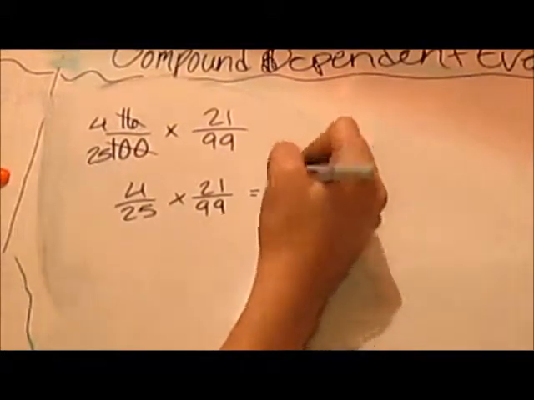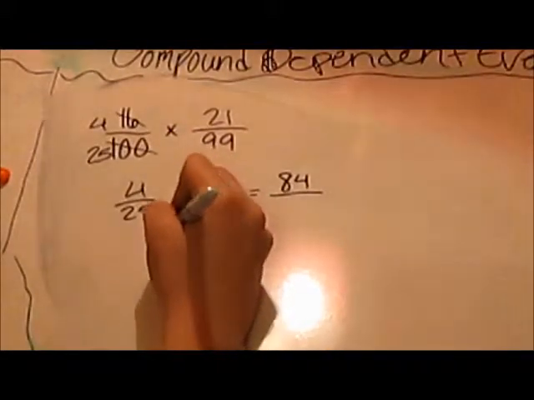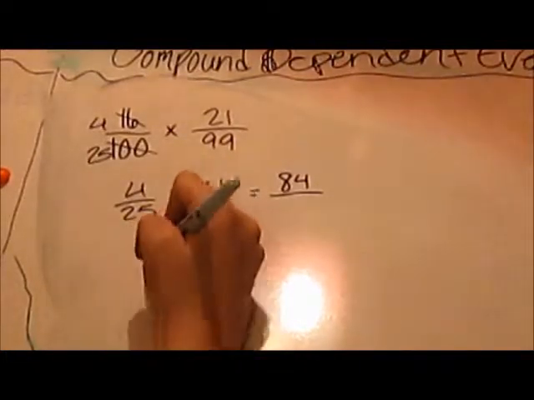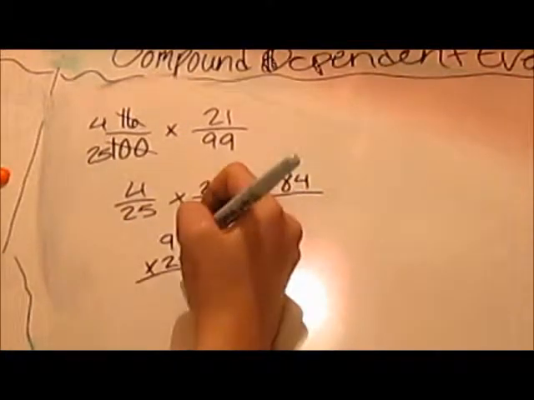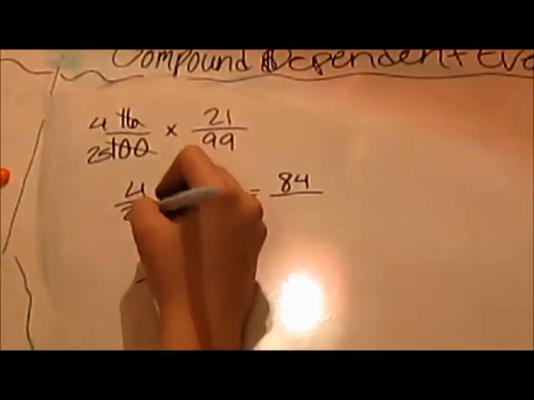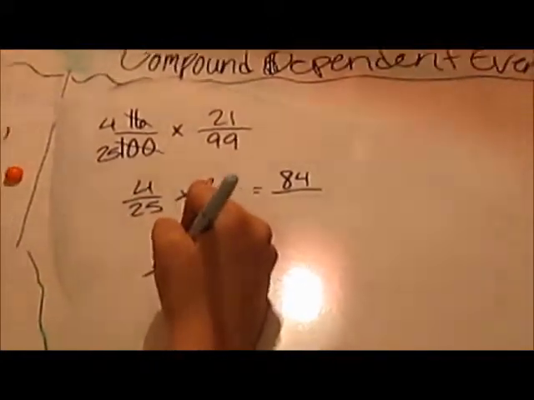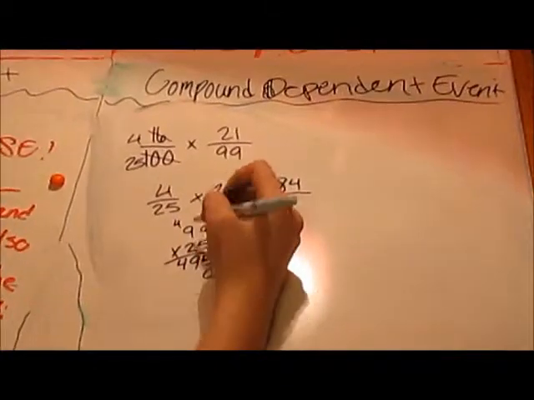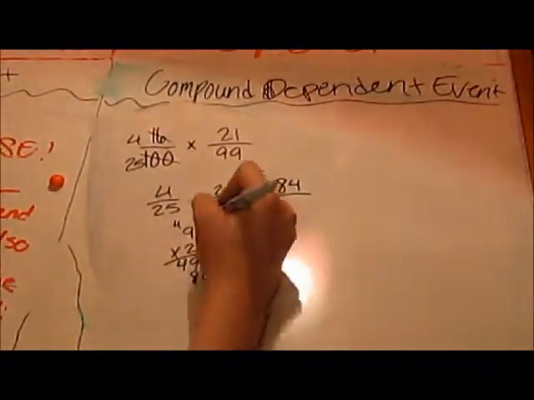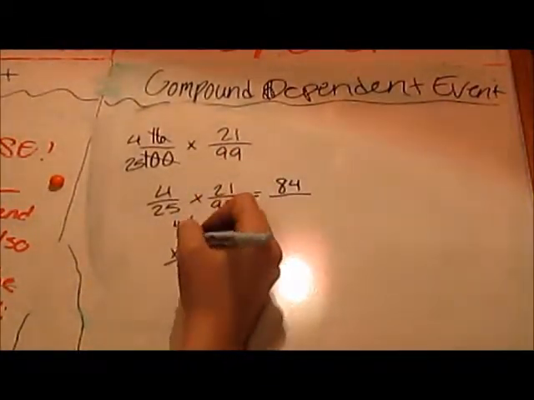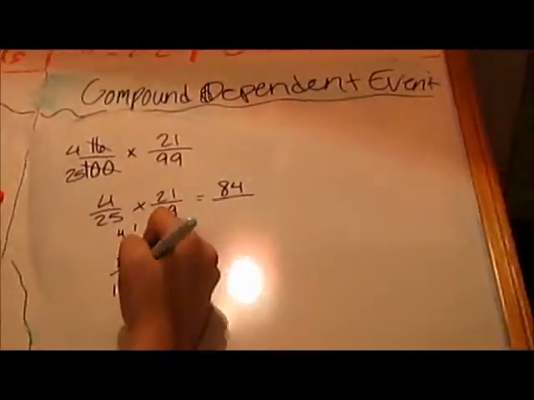84 over, let's multiply this, 5 times 9 is 45, carry your 4, 5 times 9 is also 45, plus 4 is 49, 0, 2 times 9 is 18, carry the 1, 2 times 9 is 18, plus the 1 is 19.